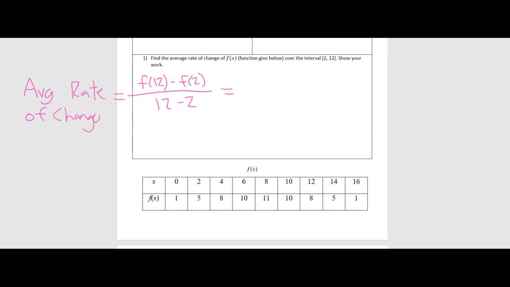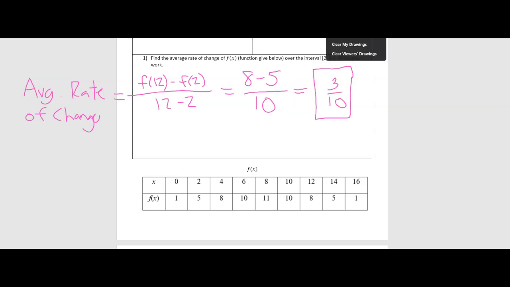Well, f of 12 is 8. f of 2 is 5, 12 minus 2 is 10, so I get 3/10. There are no units, so we don't have to include units here. We just have to include the number.